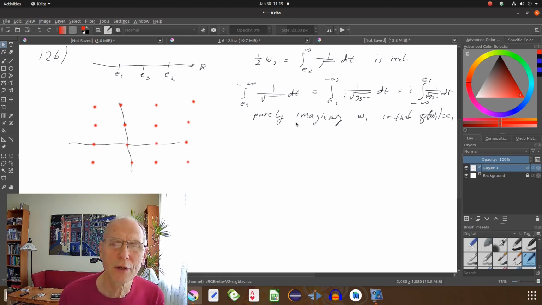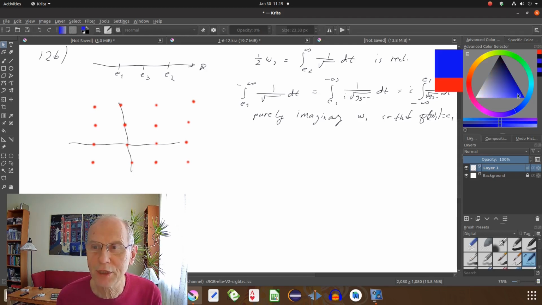But the problem here is that there may be some points in the lattice in between.